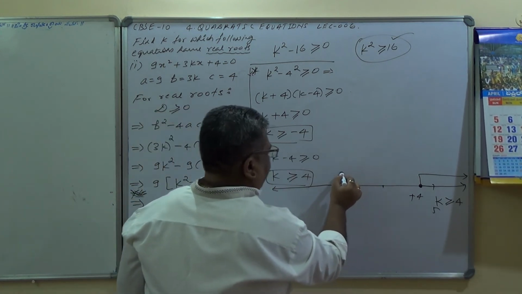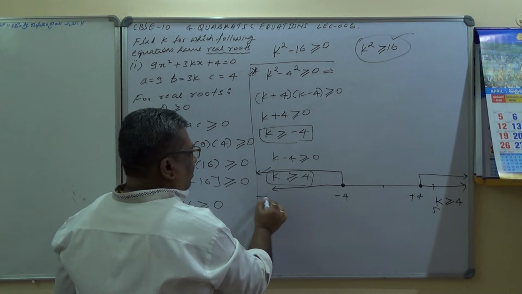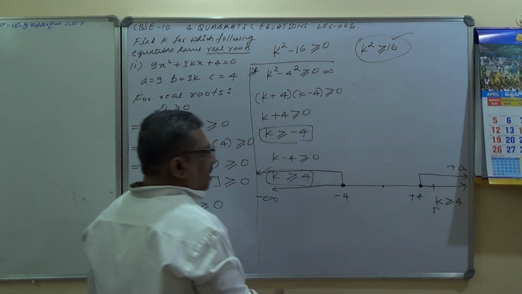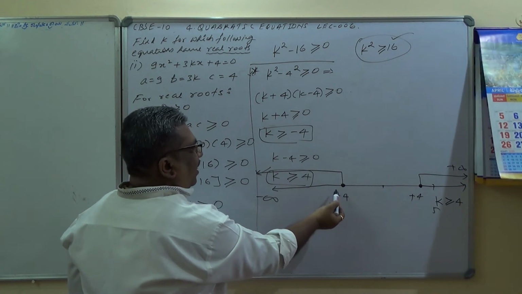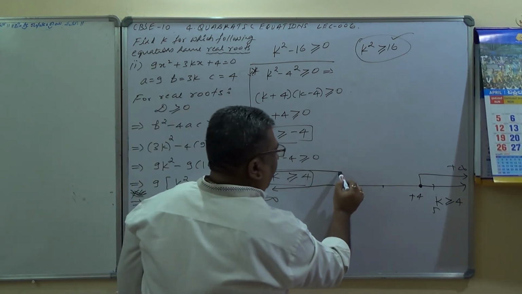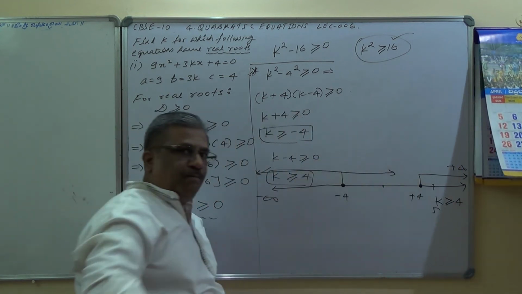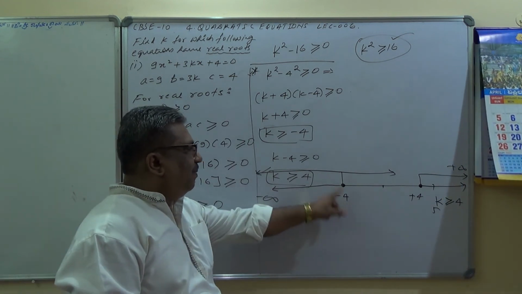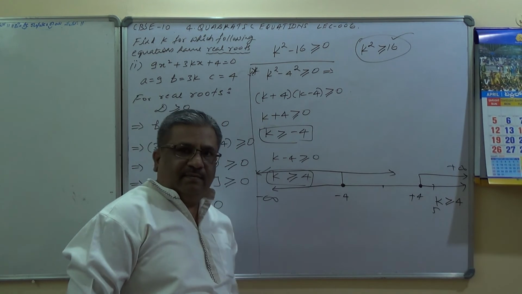So this way it will go. Minus infinity this way, plus infinity this way. So greater than minus 4 means this side, or you tell me this side. You tell me where it is. Greater than minus 4 means this side or this side.